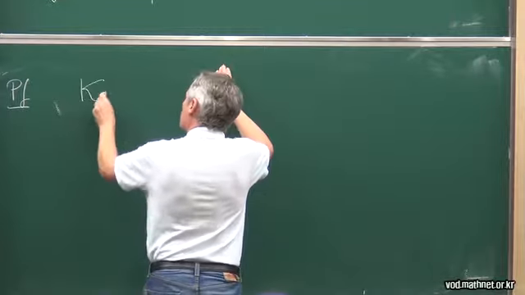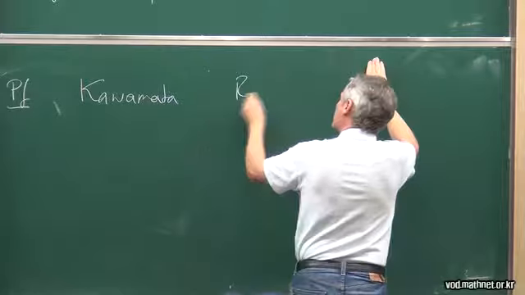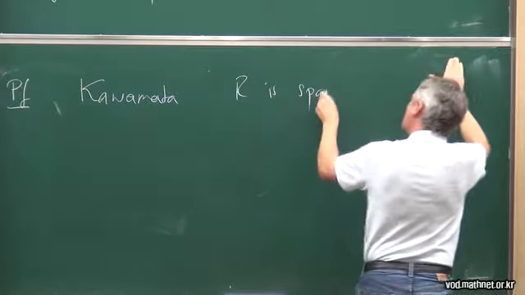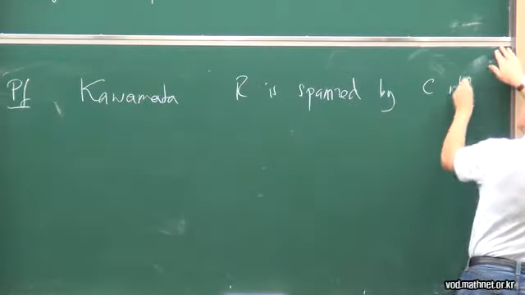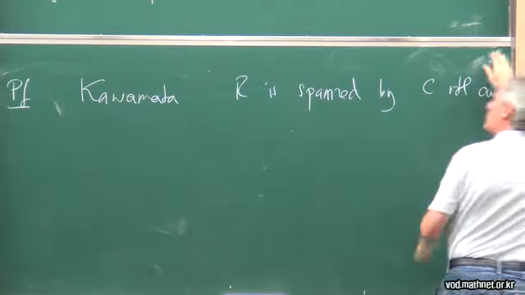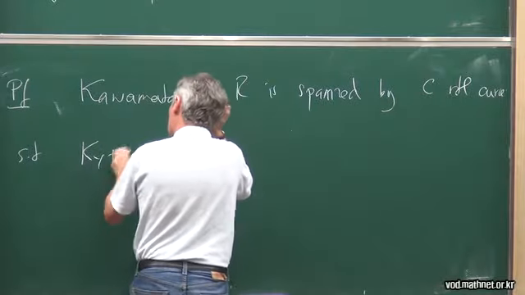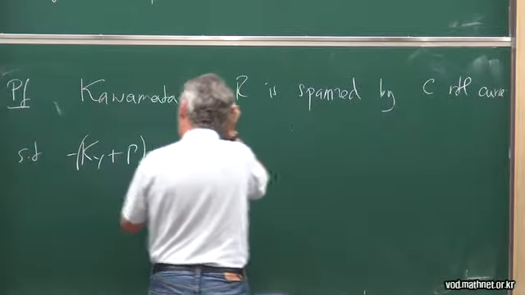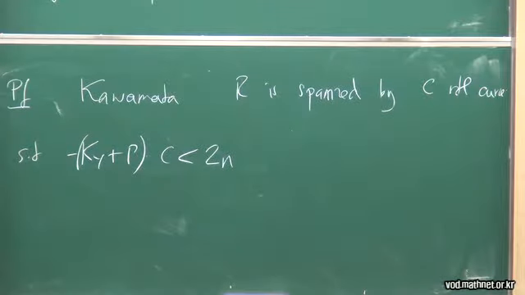So Kawamata tells me R is spanned by a rational curve C such that (Ky plus gamma) dot C is greater than minus 2n. Now you see why I wanted 2n.